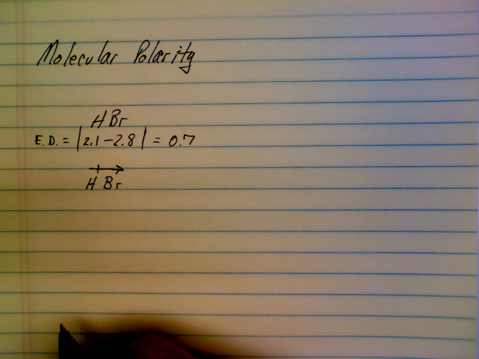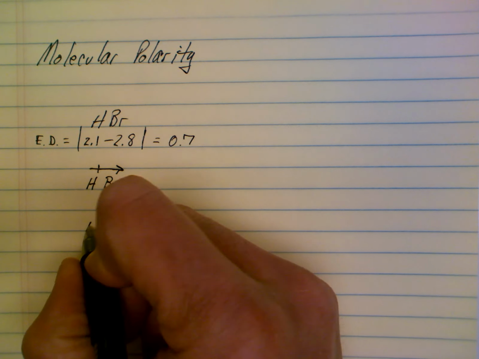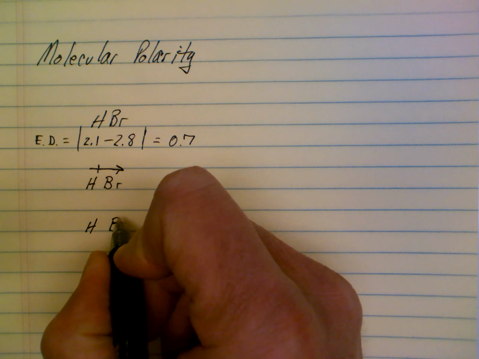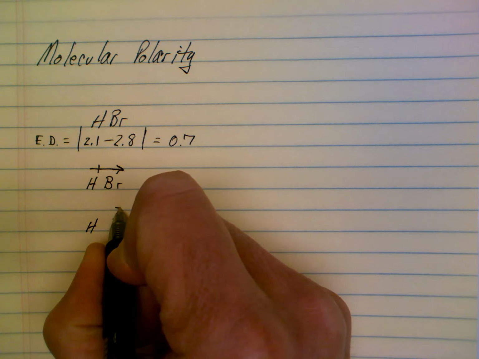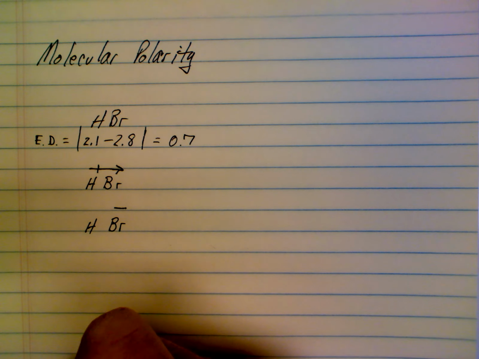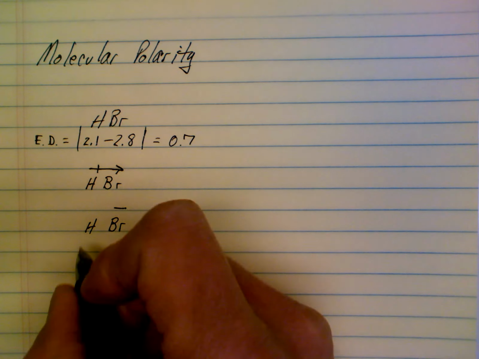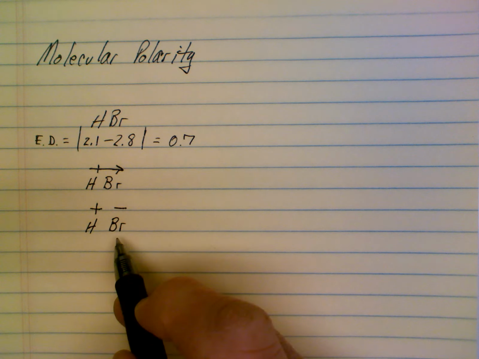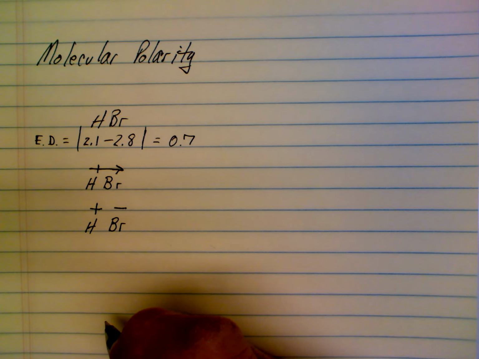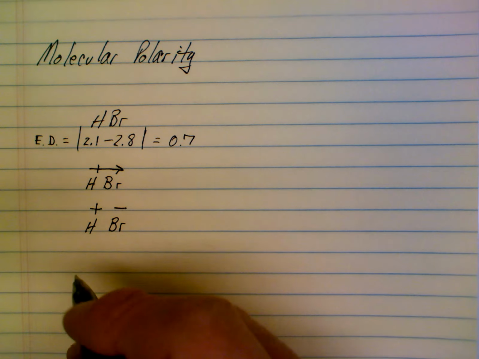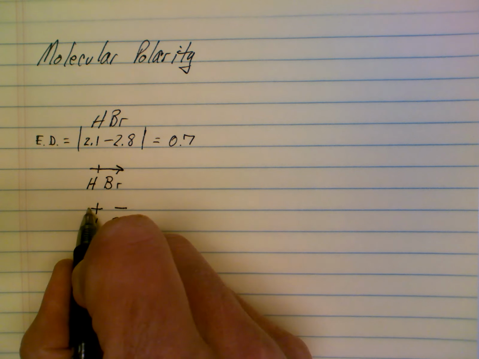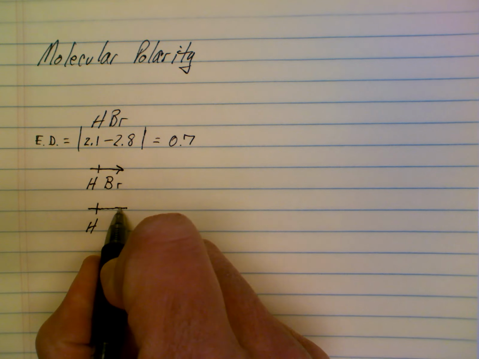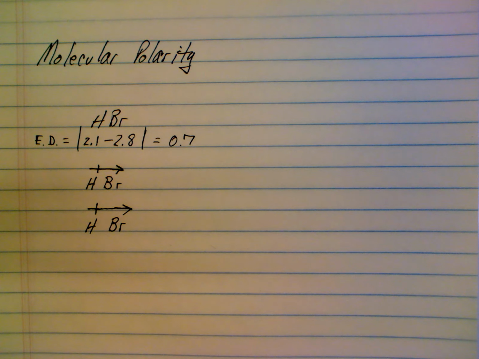Now, a little side note: when I draw that in, the bromine having a higher electronegativity would be negative, and the hydrogen having the lower electronegativity would end up being positive, keeping in mind the two are still bonded together. They're still sharing electrons, just that the electrons are being diverted, so to speak, towards the bromine. And so then we can draw our arrow right through that plus and that negative. Okay, so that shows our dipole.